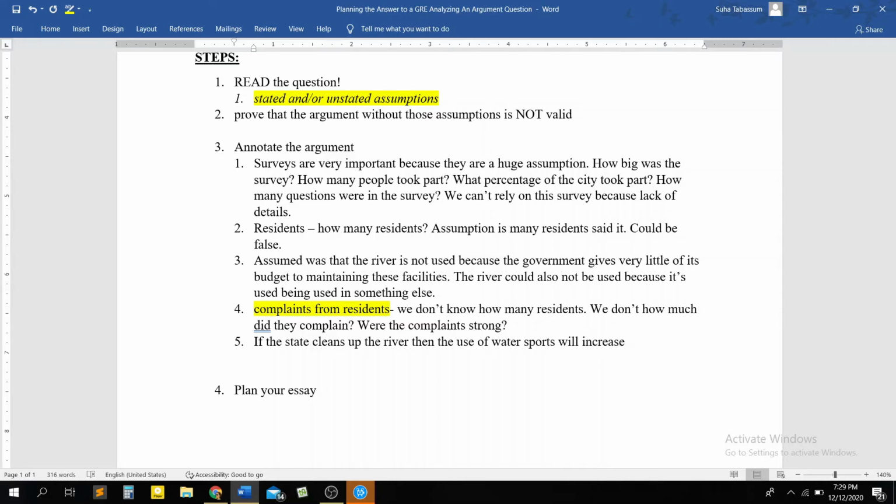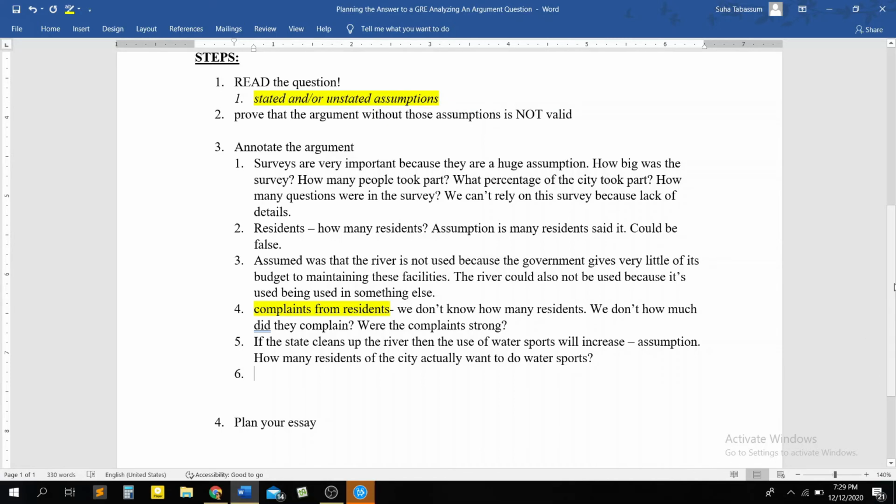This is an assumption. However, we don't know how many of the residents of the city actually want to do water sports. They didn't say anything about that.